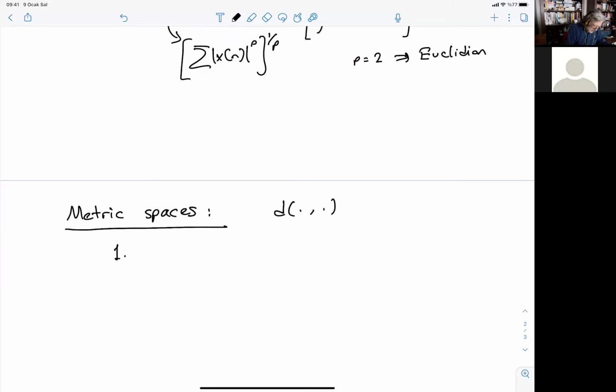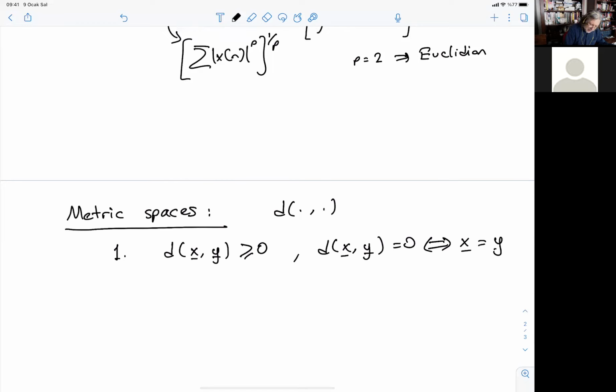The first axiom is that the distance between x and y vectors is always greater than or equal to 0, whereas d of x, y, the distance metric, is equal to 0 if and only if x is precisely equal to the y vector, then their distance will, of course, be 0.